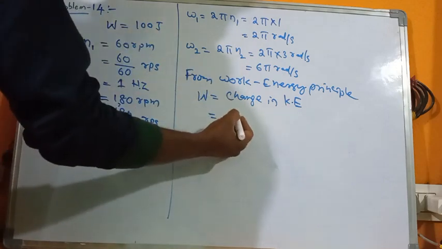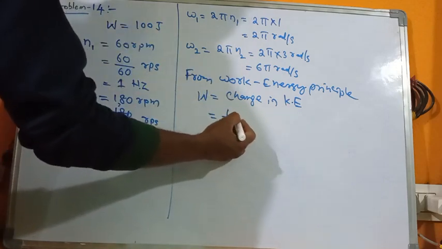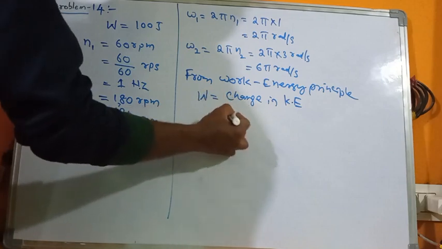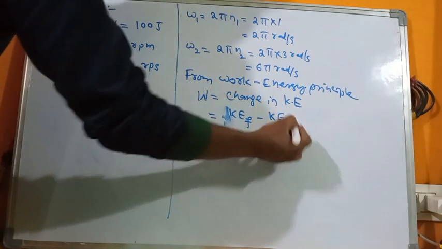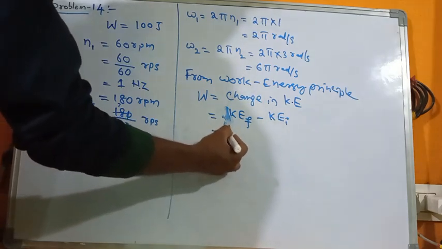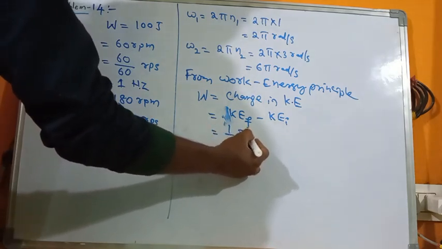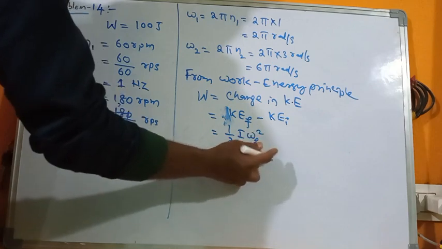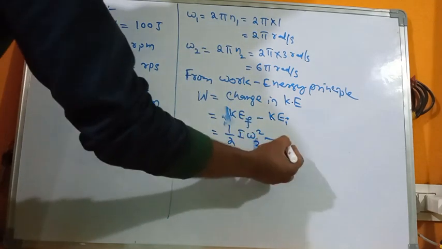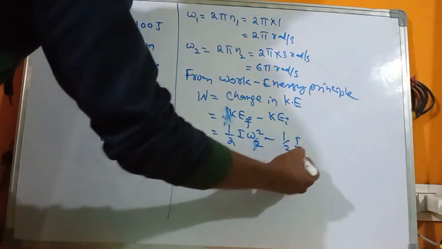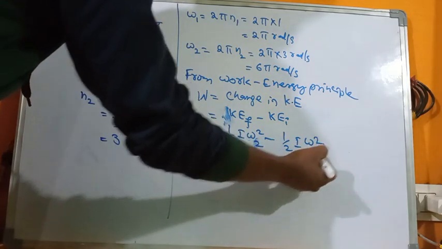That is the final kinetic energy minus the initial kinetic energy. That is half into I into omega f square, where f means here omega 2 square, minus half into I into omega 1 square.